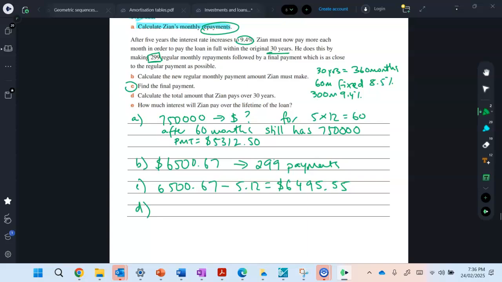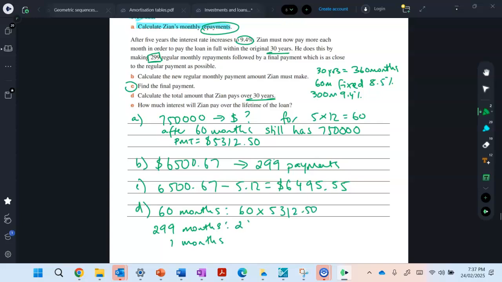All right, so let's have a look at what is actually happening over the 30 years. So remember we had the initial 60 months, and then we had 299 months, and then we had the final month. All right, so we're making 3 different types of payments. So for 60 months, in Part A, we're making this $5,012.50 payment.